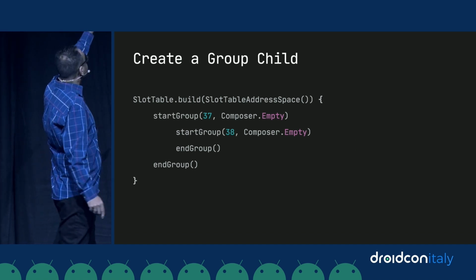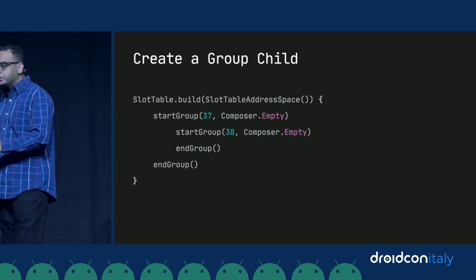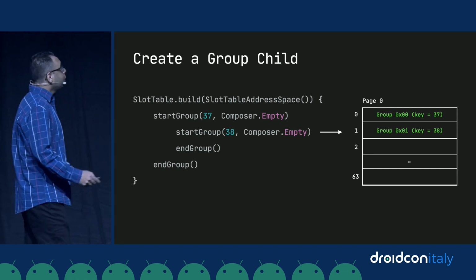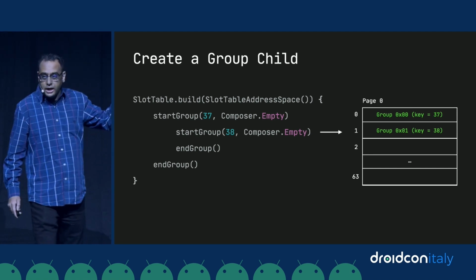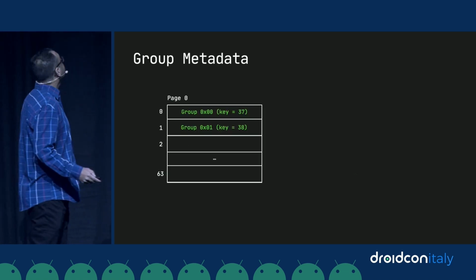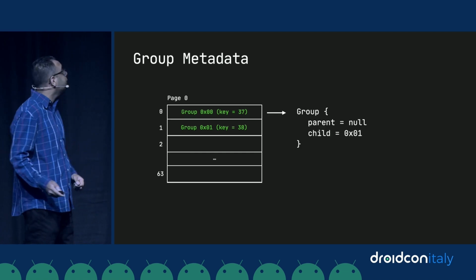Here's an example of a group. This is a parent group with the key of 37, and it has a child group right there. So when you go in, you look at the slot table, it's going to add a group in the second slot. It's going to add them one by one linearly. How do you declare that there is a relationship between them? By specifying metadata.